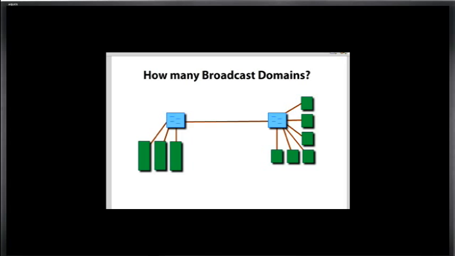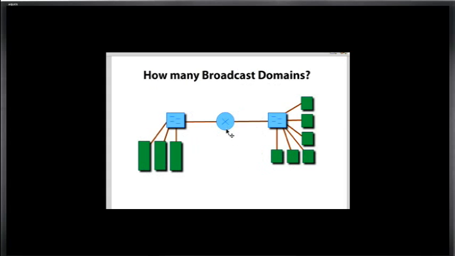One way to improve it would be to bring out a router and turn it into two separate networks, or two broadcast domains. Now, these broadcasts generated by these clients will stay on this network over here, and the broadcast by these servers will stay on this network over here.